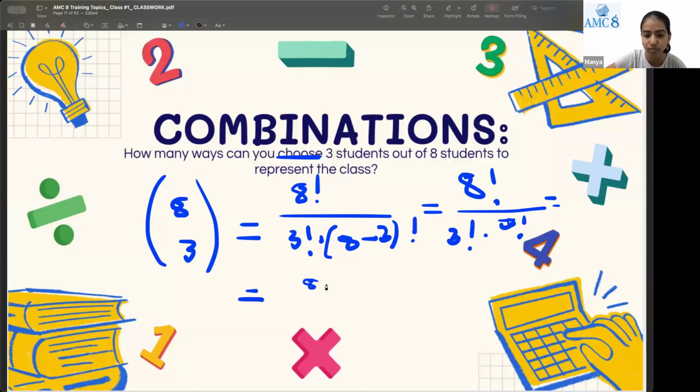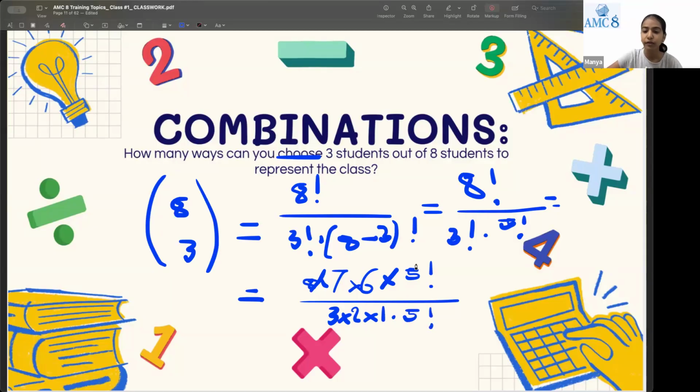Instead of 8 factorial, we can do 8 times 7 times 6 times 5 factorial, once again because there's a 5 factorial on the bottom, and then divided by 3 times 2 times 1, that's 3 factorial, times 5 factorial.